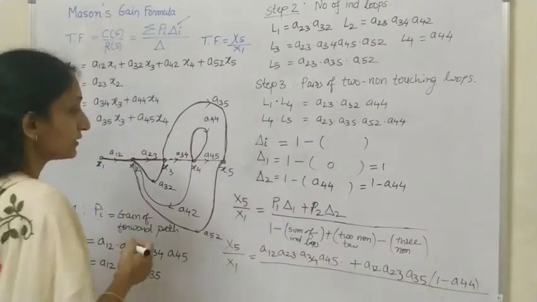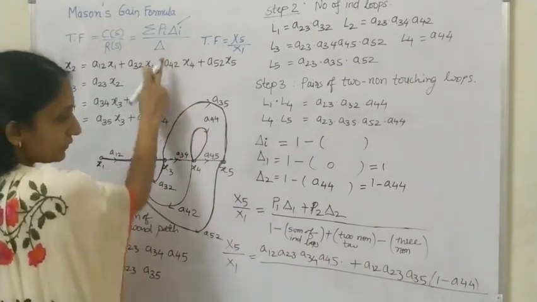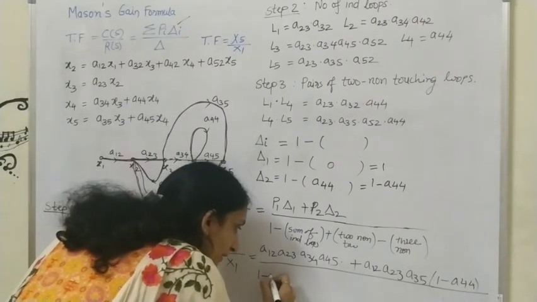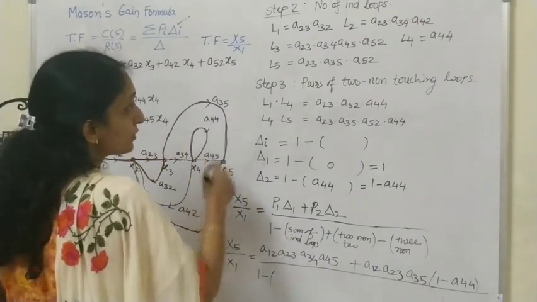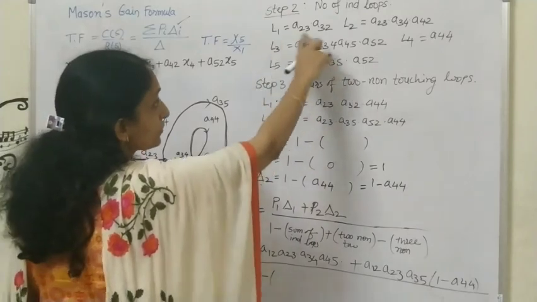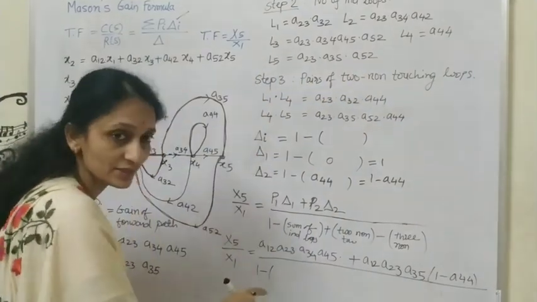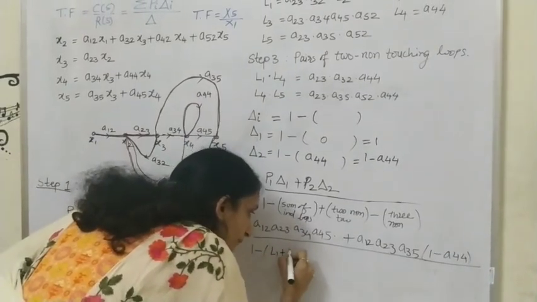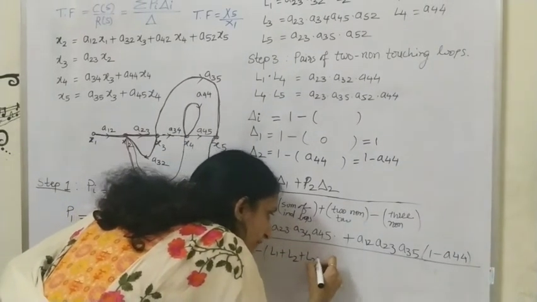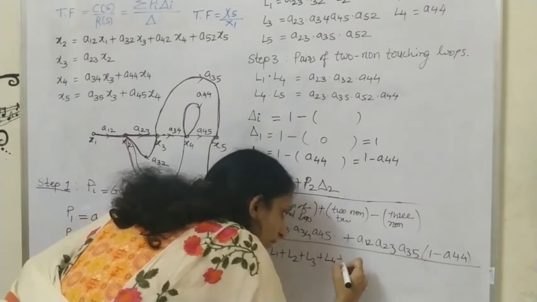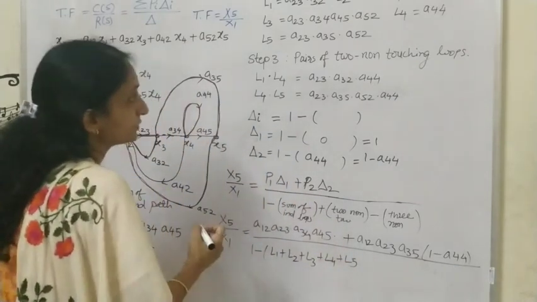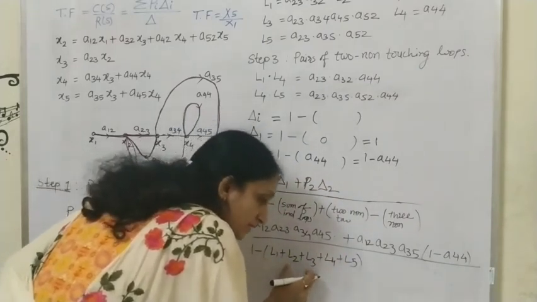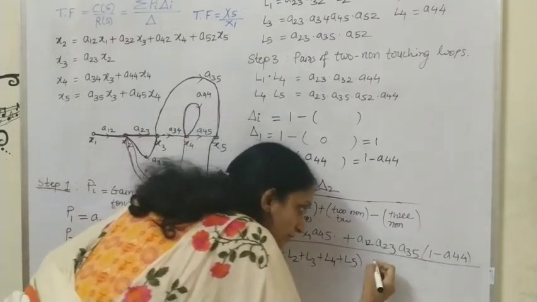Now in the denominator, we know that delta is equal to, just now we have substituted, 1 minus, in bracket, individual loops. How many loops are there? So 5 loops. See, here space is less. So I will write like this: L1 plus L2 plus L3 plus L4 plus L5. Okay, so this is your first bracket, 1 minus the sum of individual loops.